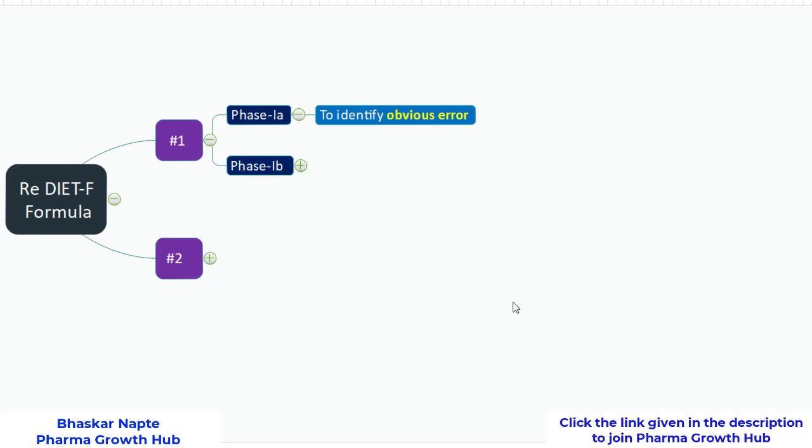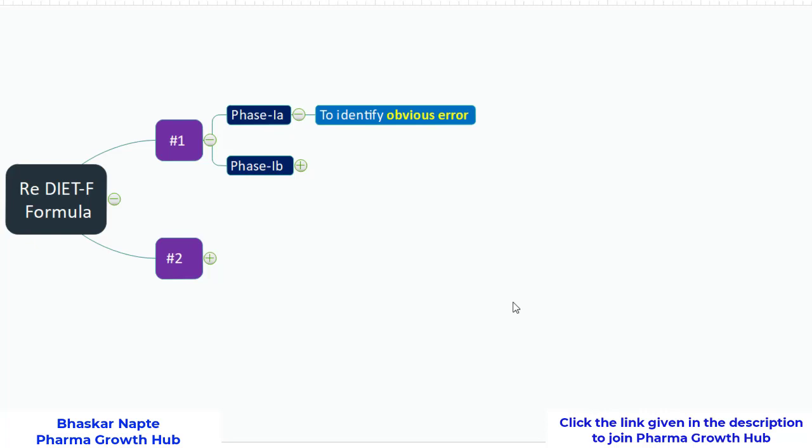Will you be able to detect any kind of errors during handling of the sample preparation? Probably not. Will you be able to detect error during the sonication? Will you be able to detect any kind of error during the filtration? Now, these errors may not be possible to detect with a primary investigation.